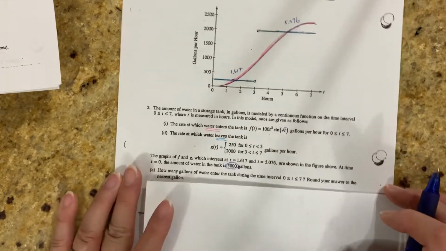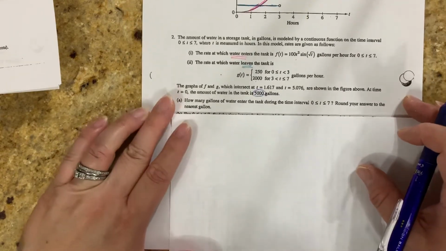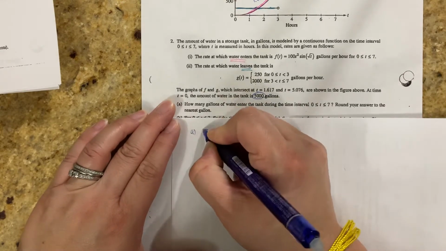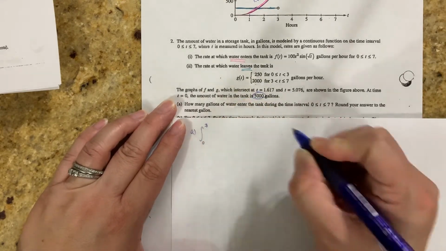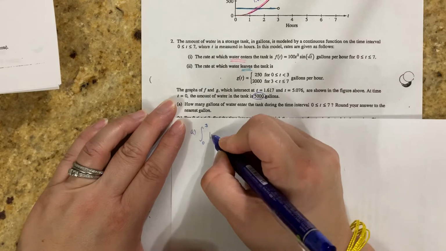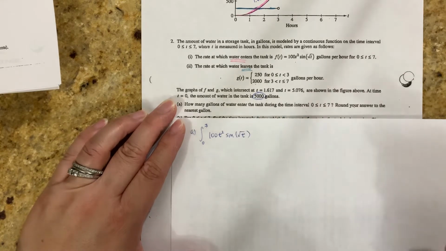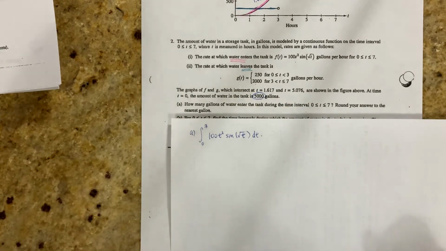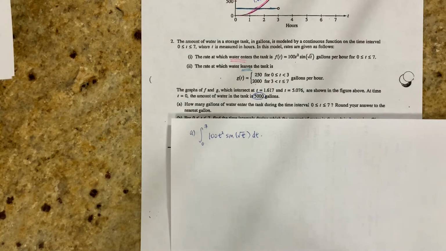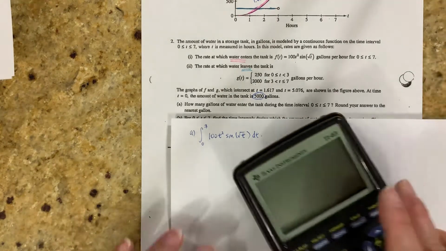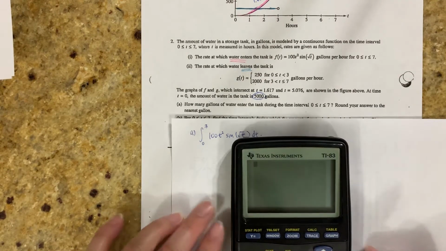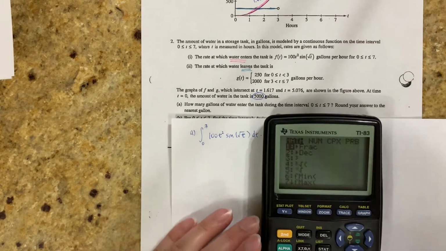All right. So with part A, you simply set up the integral from 0 to 7, and with this rate of water coming in, right? And dt, dx, same idea. All right. So now what do we do? We now take our calculator, and again use math 9, because that's why this is the calculator portion.